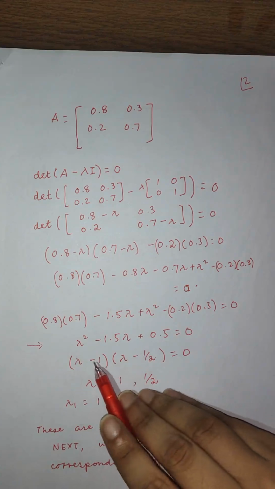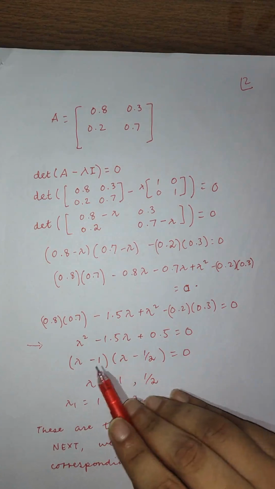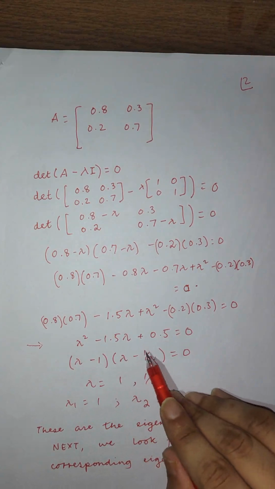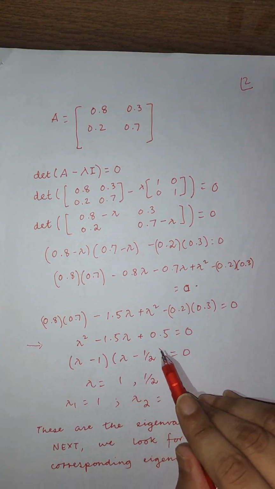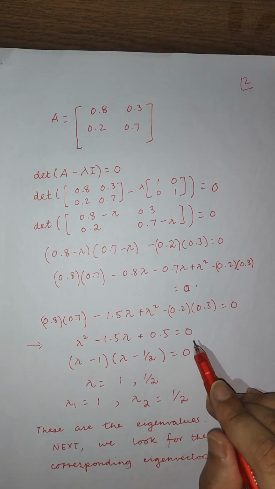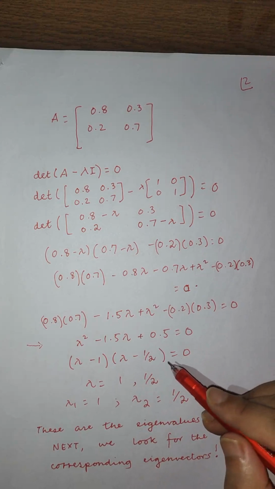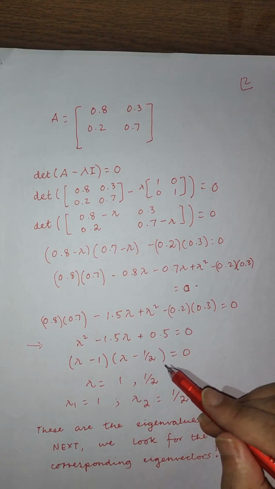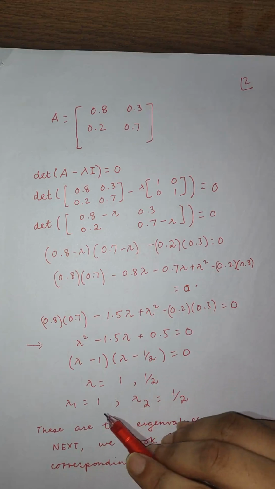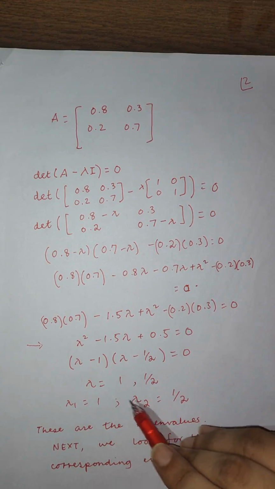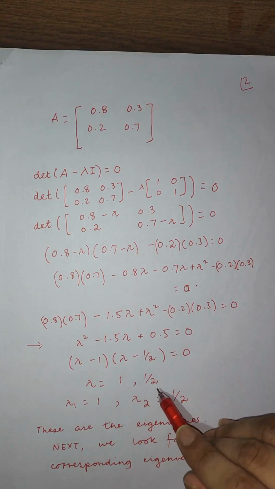We have a polynomial: lambda squared minus 1.5 lambda plus 0.5, which is equal to 0. This can be easily solved, and we end up with eigenvalues of 1 and 1/2.